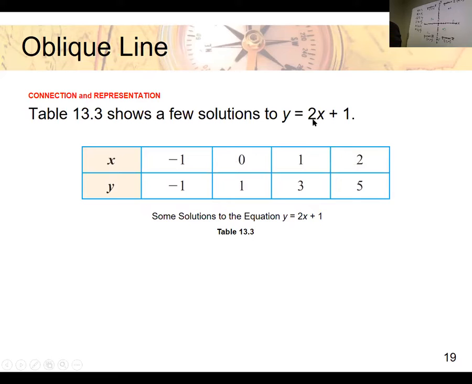Then for x equals 1, 2 times 1 will be 2, and 2 plus 1 will be 3. And then finally for 2, 2 times 2 will be 4, plus 1 will be 5. So these represent the ordered pairs for this equation, y equals 2x plus 1.